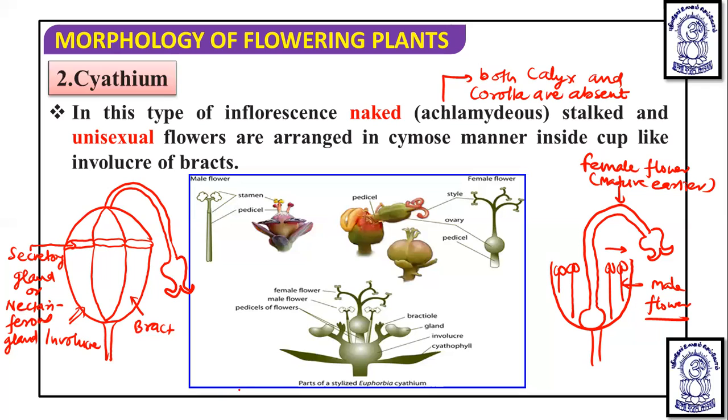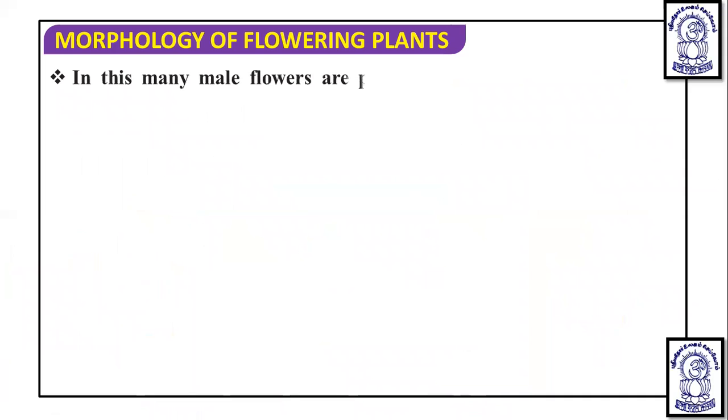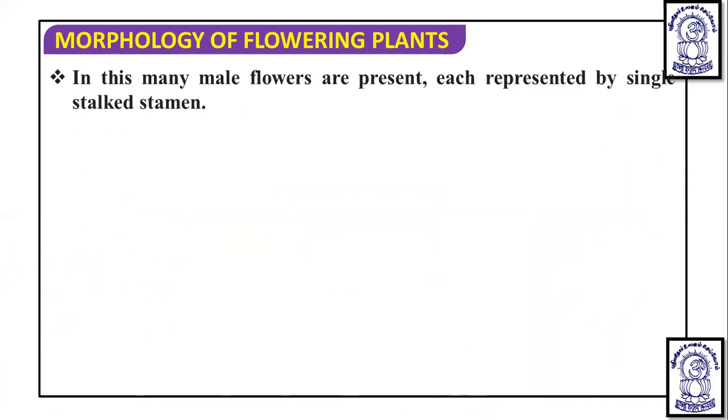So in this Cyathium inflorescence, if we talk about the ratio of female to male flowers with respect to number, then it is one is to many.